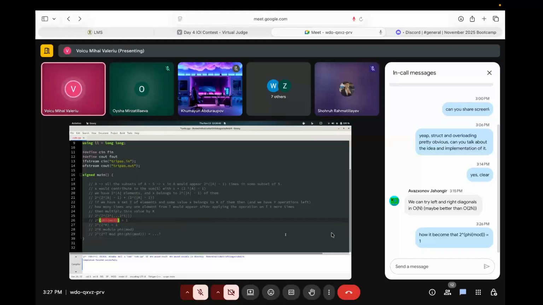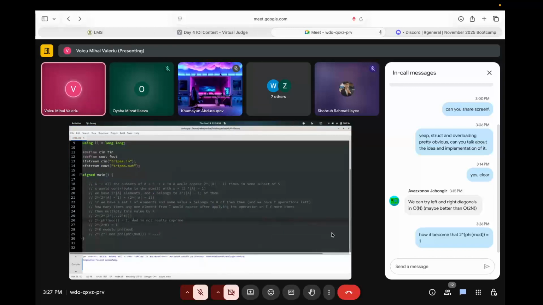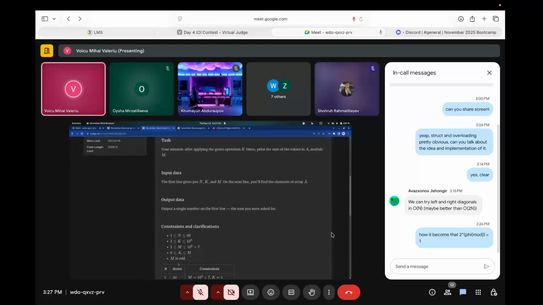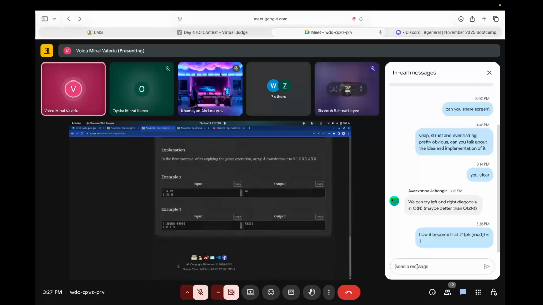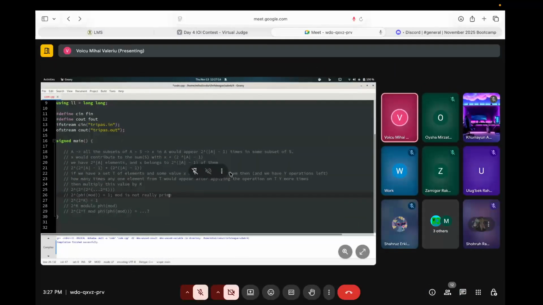But technically speaking, if we consider that mod, the modulo that we use, is not really prime, then if you consider the set of all numbers such that they are coprime with this mod, these elements form a group.